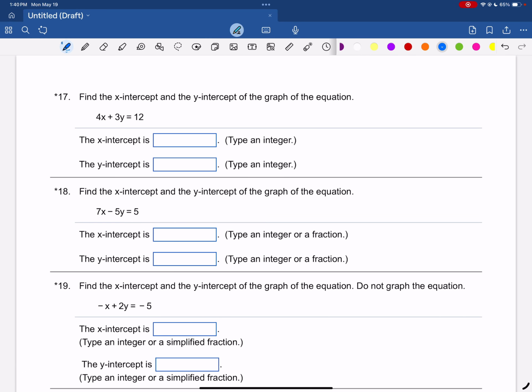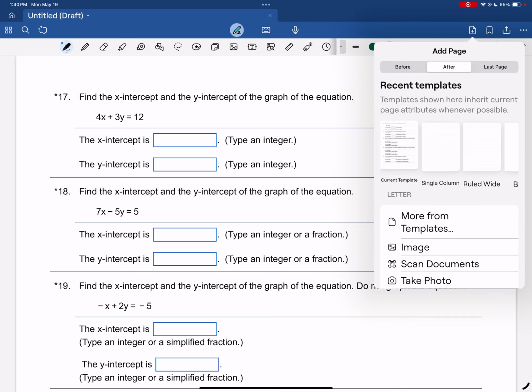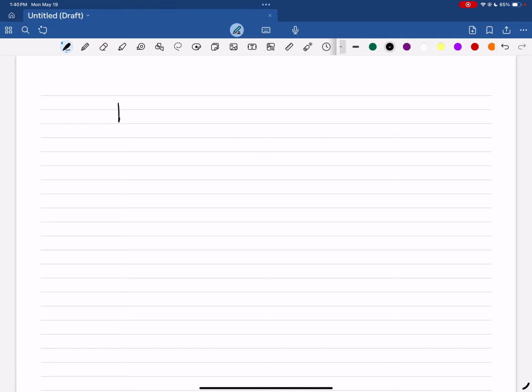So now they're asking us to find the intercept. So let's talk for just a minute about intercepts. As I said in the introduction to the graphing, if you've got an x-intercept, that's where it crosses the x-axis, okay?